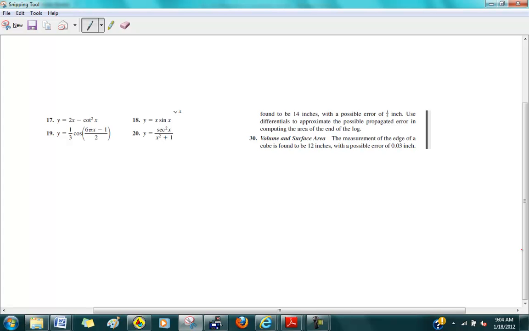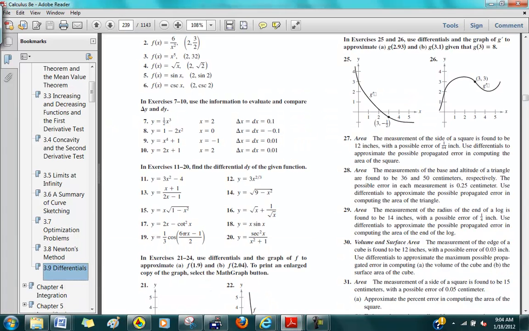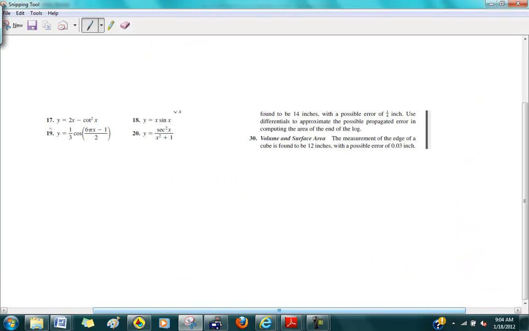Okay, so you're asked to find differentials, is that right? Find the differential dy of the given function. Looking at 17, you're going to differentiate the left, you get a dy. When you differentiate y, you get a dy. And on the right hand side, you have 2 and the derivative of cotangent squared x.